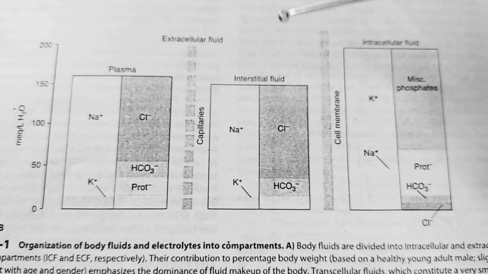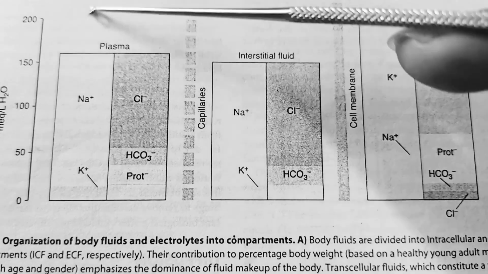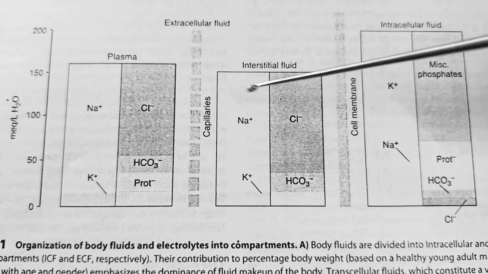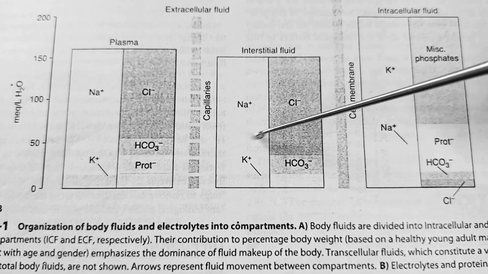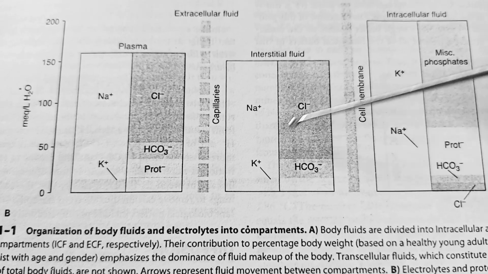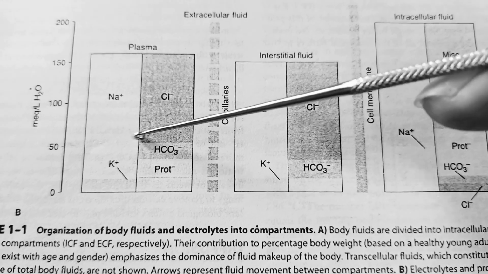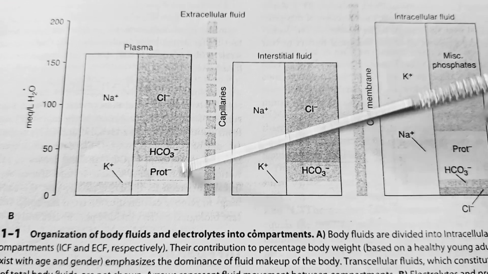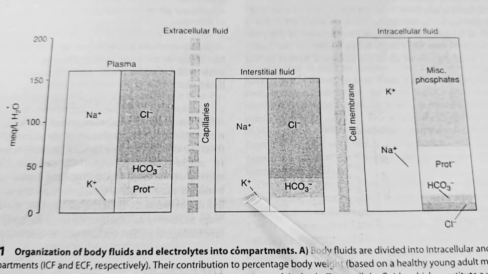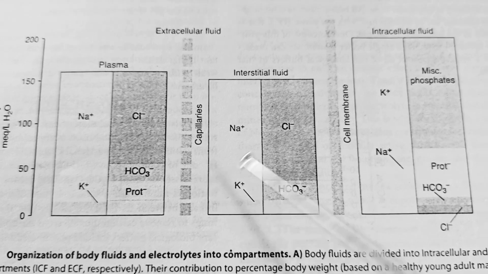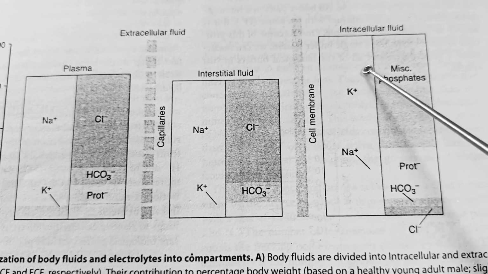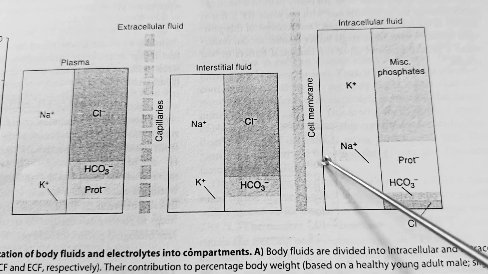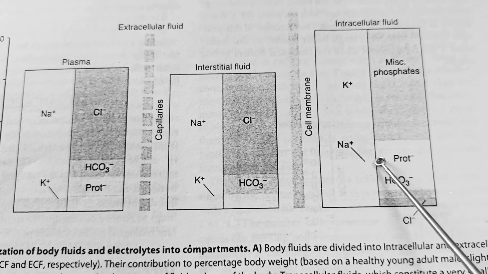So here we can see that the interstitial fluid and extracellular fluid form one type of solution where there is more sodium, more chloride and less potassium, and in the plasma there is protein. This is one component of the solution. There is another component of the solution where there is more potassium and less sodium and chloride.